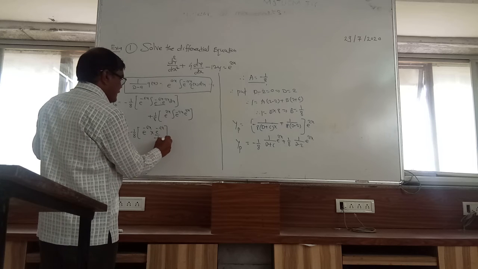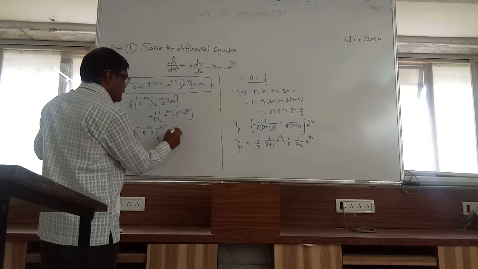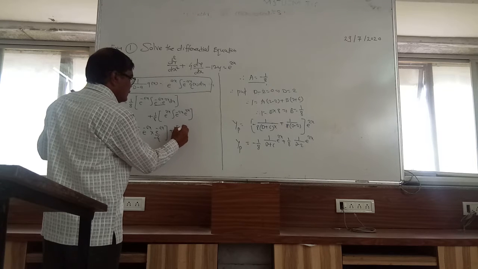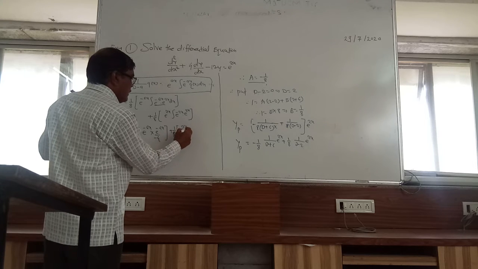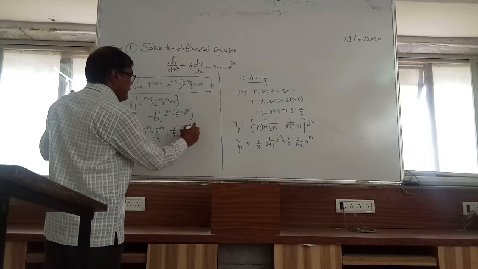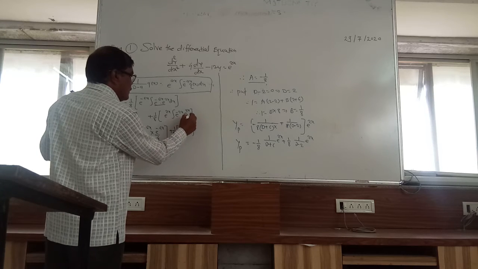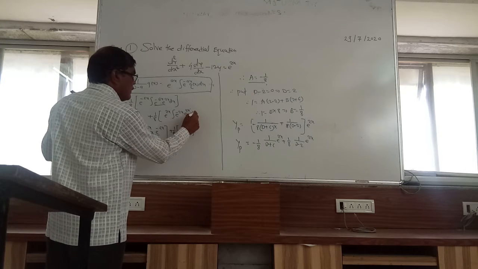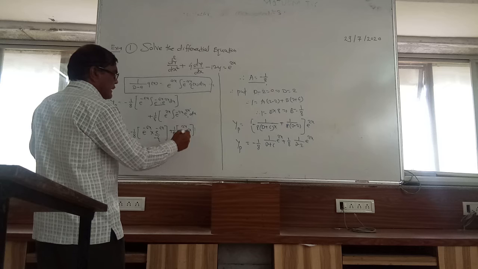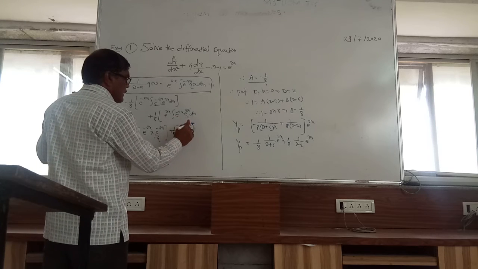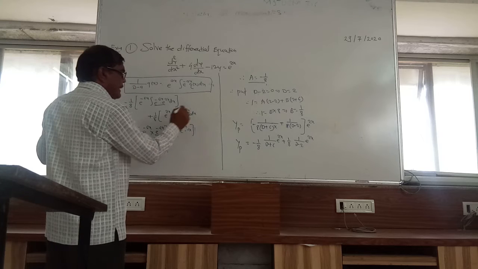Here again, 1 upon 8, e raised to 2x, that is here simply x into e raised to 0x dx. Integration of e raised to 0x is simply x, integration of this is only 1 dx, that is x.